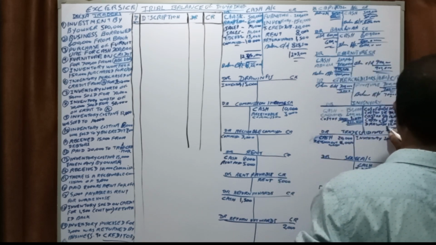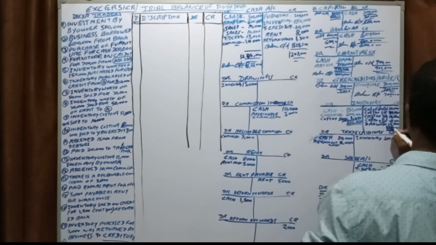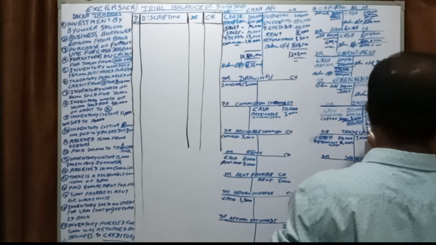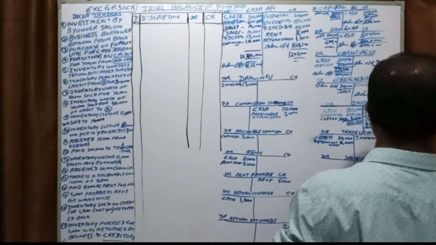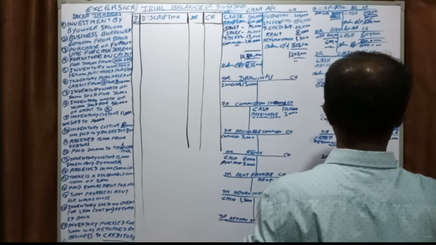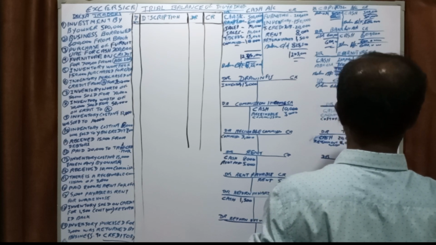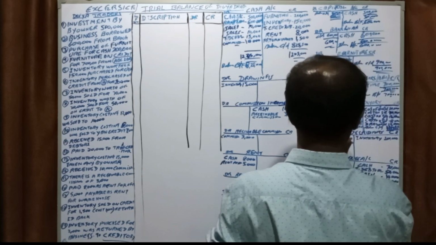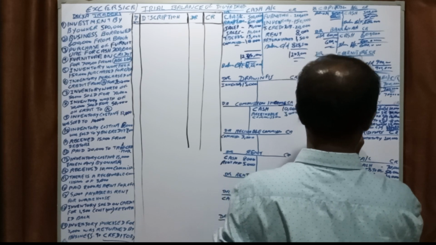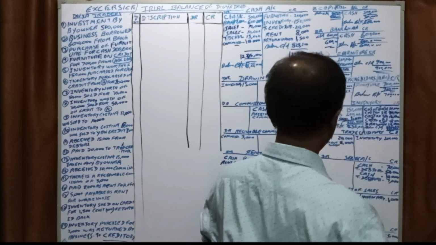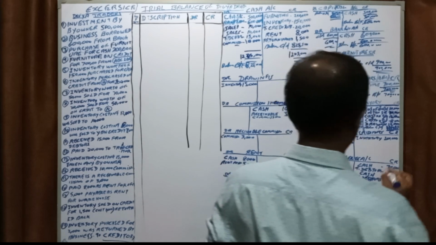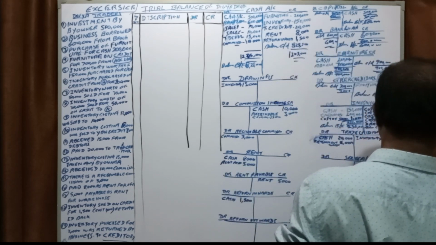Carried down balance is 236,000. This is balance carried down 236,000. Balance brought forward.